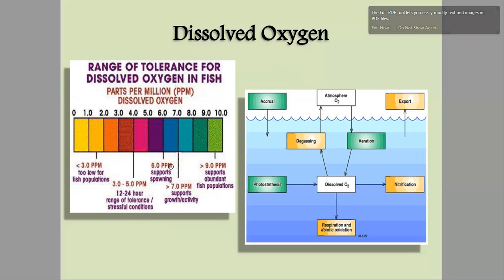Now if it is 6, then it is supporting. If it is less than 7, then it doesn't allow growth activity, meaning they will survive but there is no increase in their population, or they will not grow. The last is, if it is less than 9, then there is abundant fish population, meaning there will be sufficient growth and increase in number of fishes.